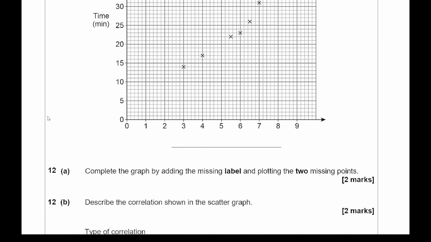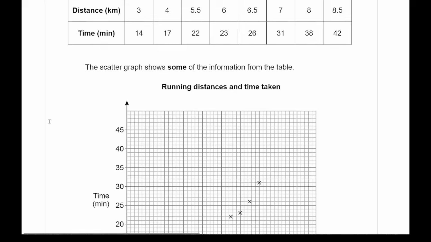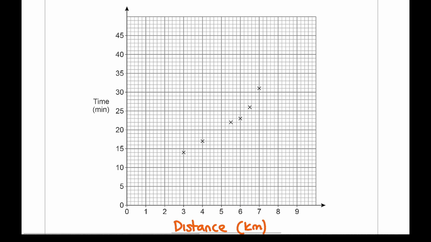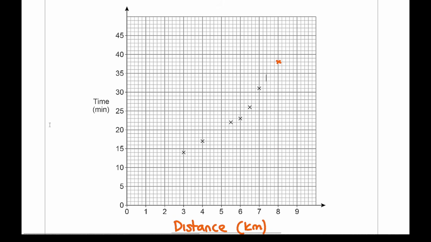So this horizontal axis represents the distance and the units are in kilometers, and then all that's left for me to do is then plot the 2 coordinates, which is at 8, 38, and 8, 38 is going to be there, and the last coordinate, which is 8.5 and 42. So 8.5 is there, 42 is going to be there.